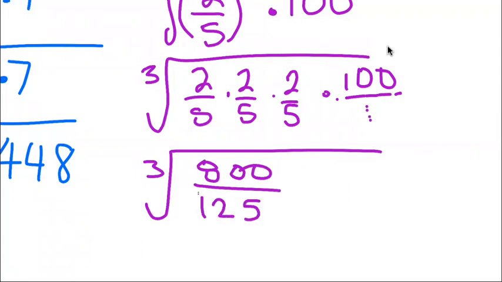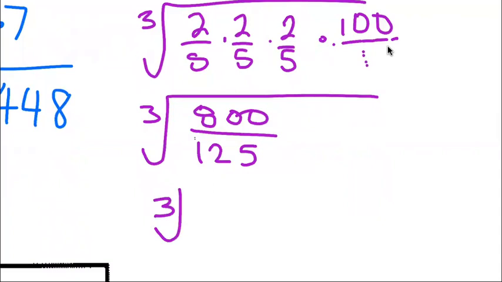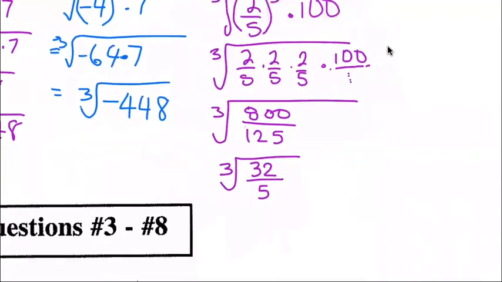And then you would reduce that fraction. I know they both divide by 25, probably would be an easy one. So this is going to be 5 below and 32 on top. And that's where you would leave it. But it does have to be reduced.